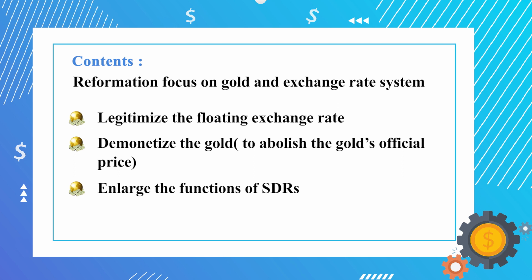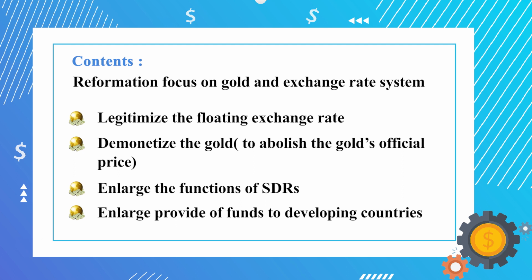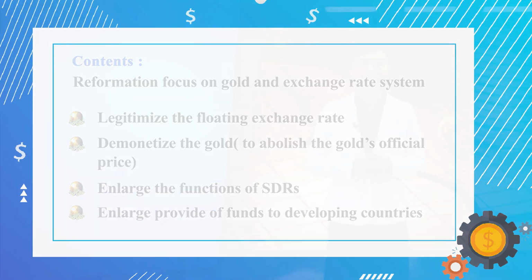The member countries' shares of SDR in the IMF were enlarged, so as to improve the function of SDR. The fourth enlarged the provision of funds to developing countries to help them solve their huge BP deficit problems.